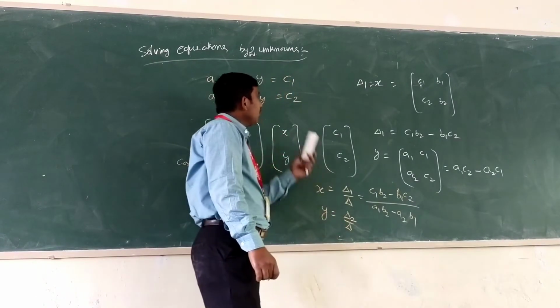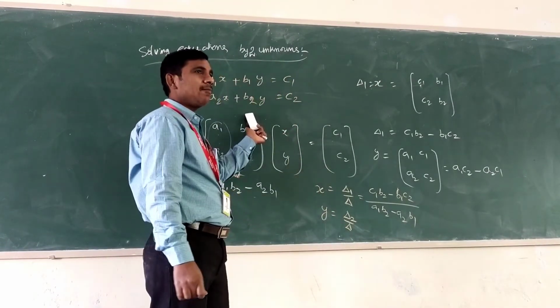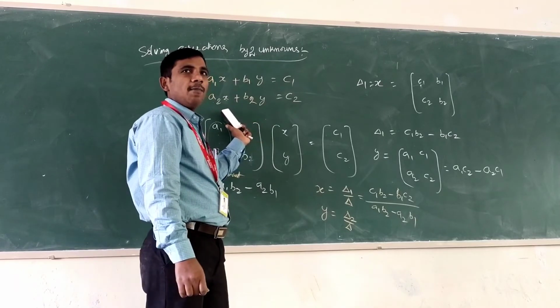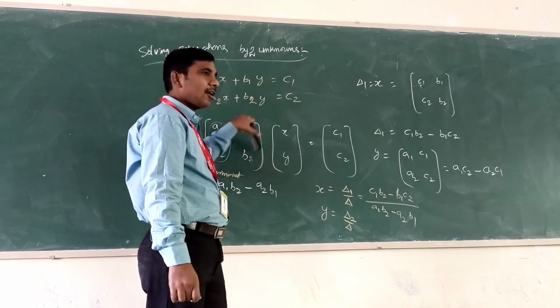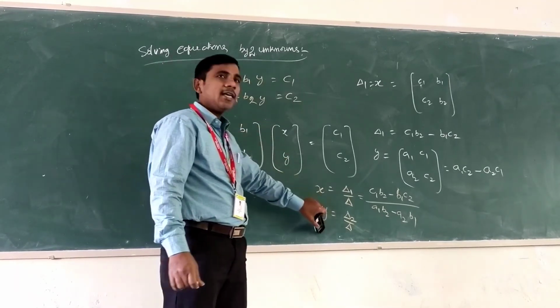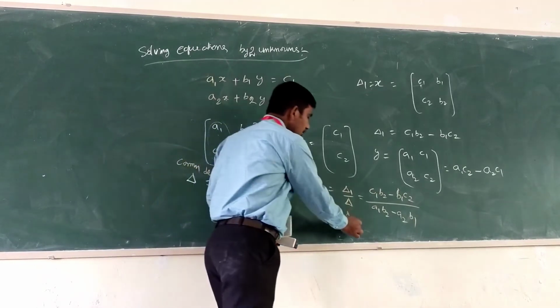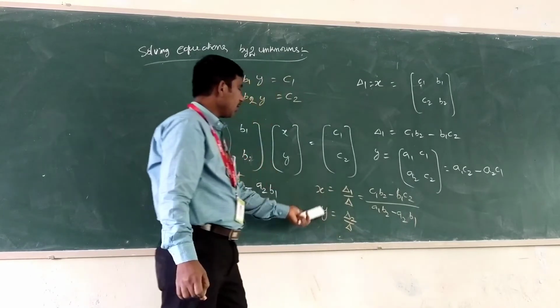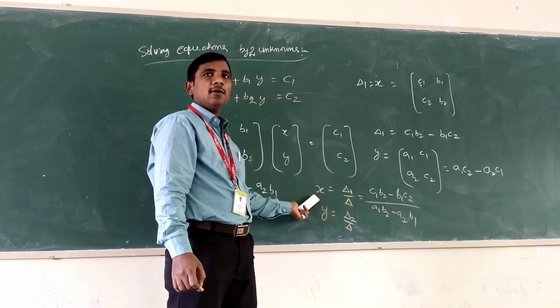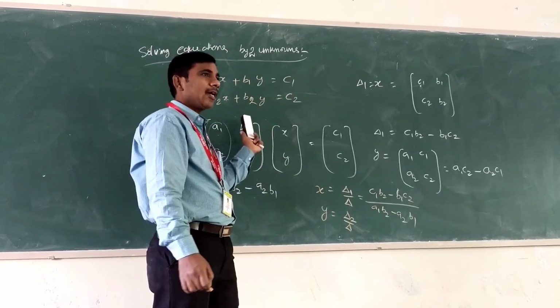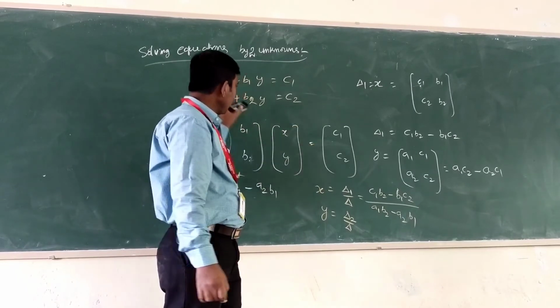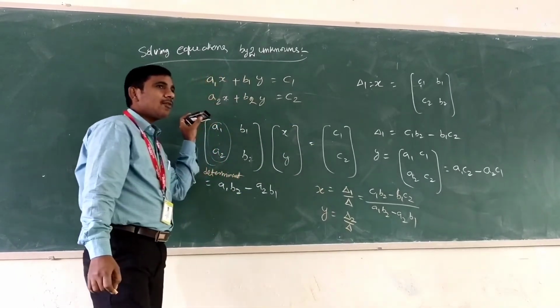If the two equations are very simple, we can do it directly. But if it is difficult, we can convert into matrix form and simply apply Cramer's rule. Delta 1, delta 2 and delta, if you substitute, then you directly get the x and y values. No need to cancel the terms and do the calculation.